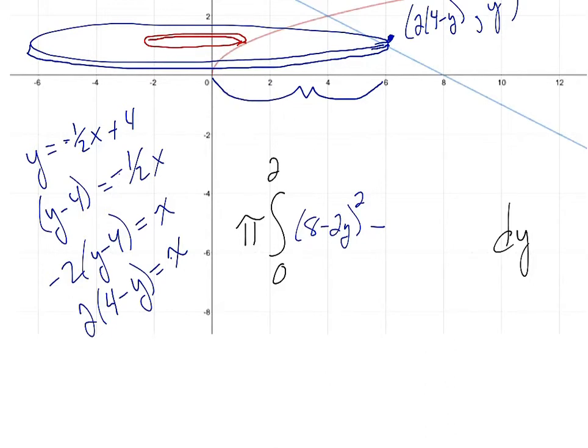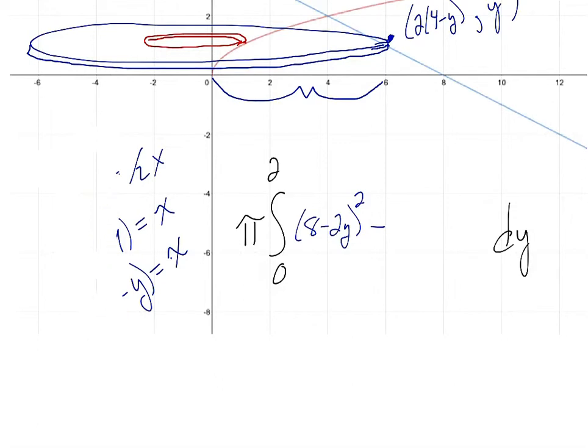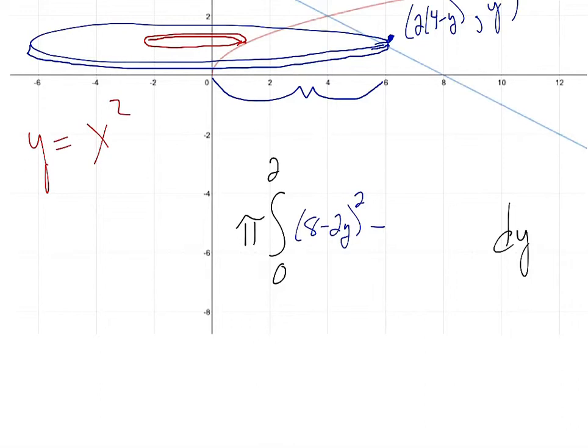and we can again do the same thing. That second function originally is written in terms of y. Y is equal to x squared, and we want to write it in terms of x.